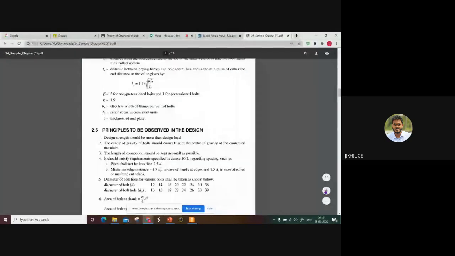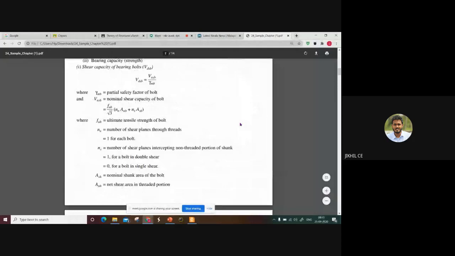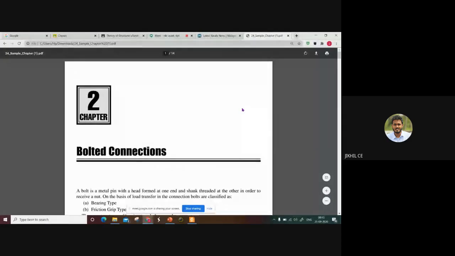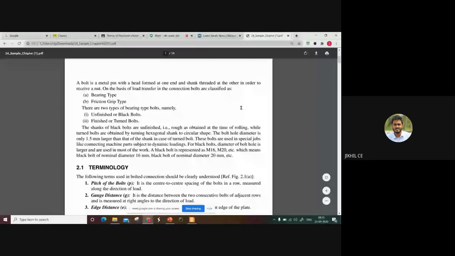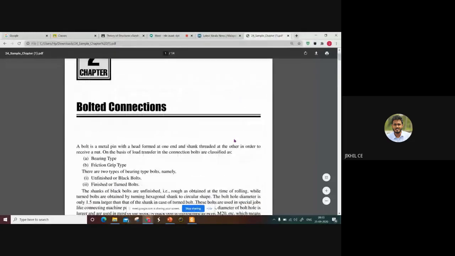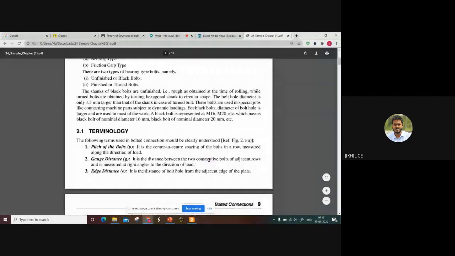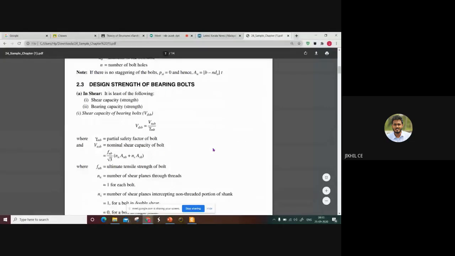So, I'll be sharing this material on bolted connections with you, and this sample chapter includes, in a very brief way, the theory part of the bolt, the bearing, friction terminologies, design shear strength of the bearing bolt, what we discussed with the code, same equations, just replicate it, and also the design strength of HSFG bolt in shear.